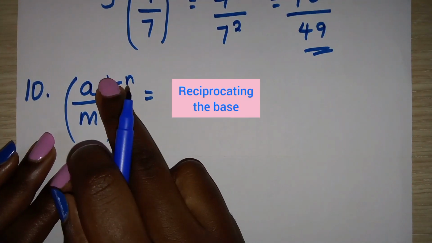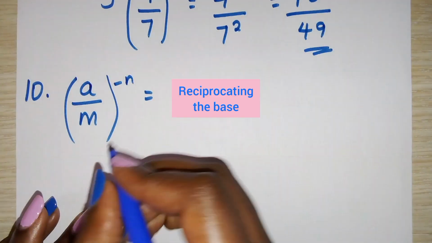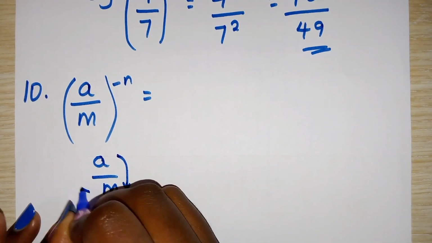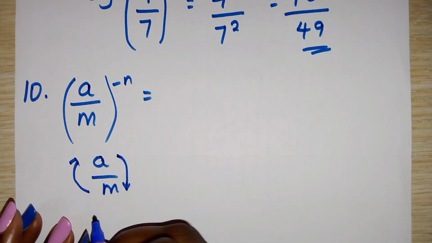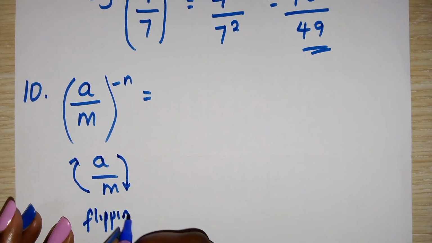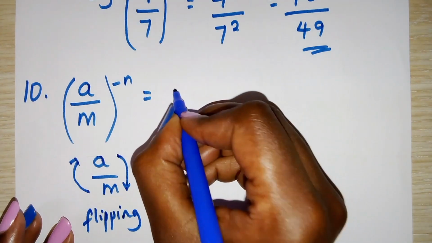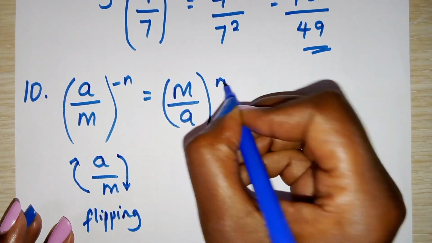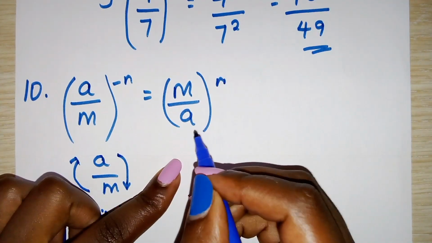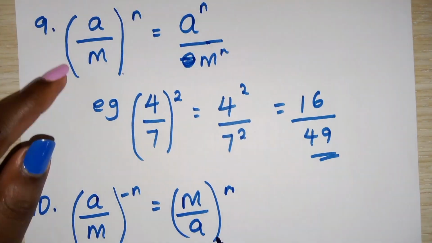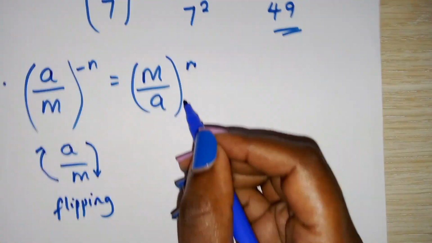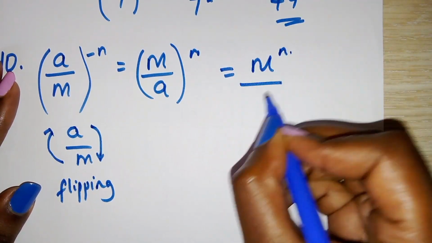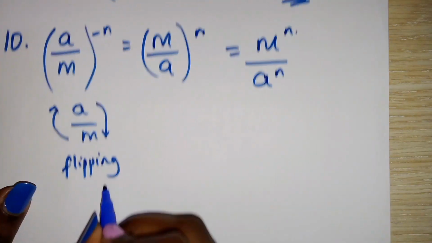So a over m reciprocal, this one goes down and this one goes up. So you're just flipping the fraction, so it becomes m over a, and then it's power n. And then using again the law in number 9, when it's a bracket, you just separate the numbers, so m to the n over a to the n.